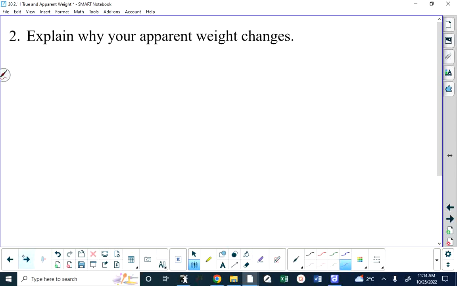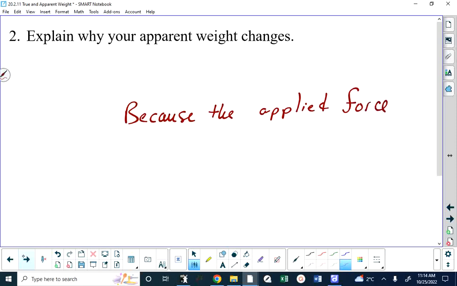Well, why does your apparent weight change? Because, and this is really the key to this lesson, the applied force on me by the scale changes.